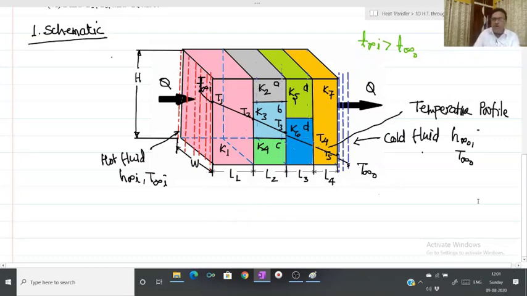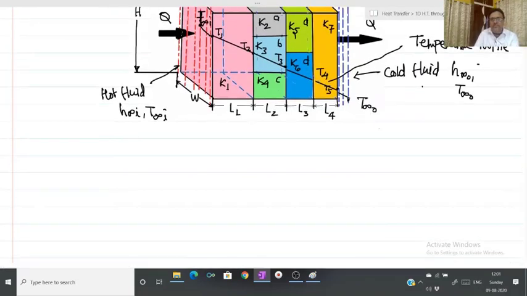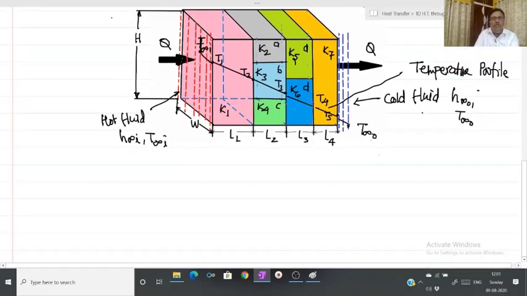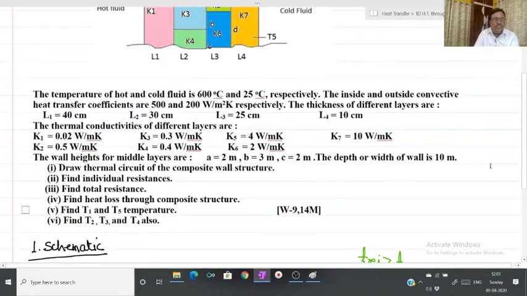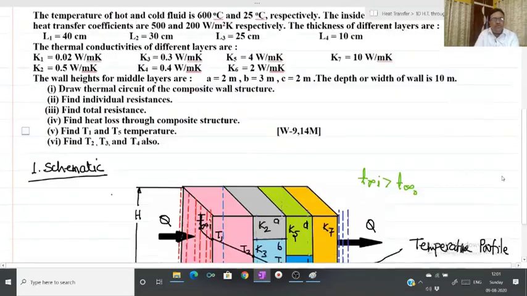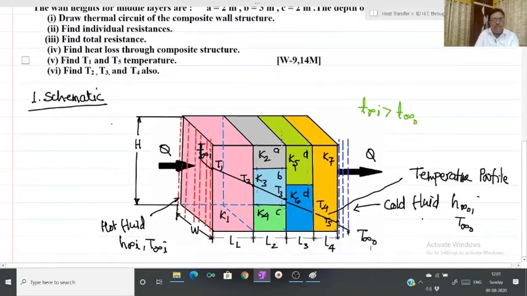Now let us draw the electrical equivalent circuit. Since the electrical circuit is part of the objective, I will not draw it here. I will draw the equivalent electrical circuit as a part of the solution.